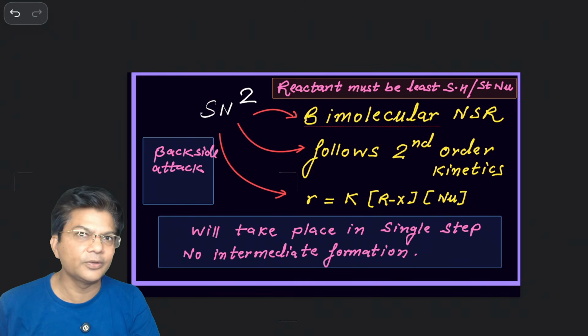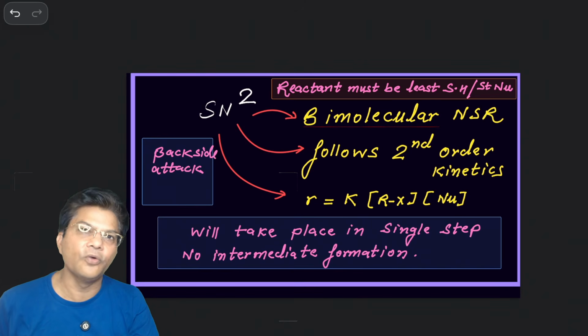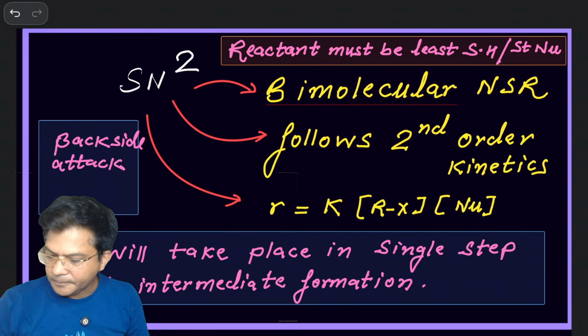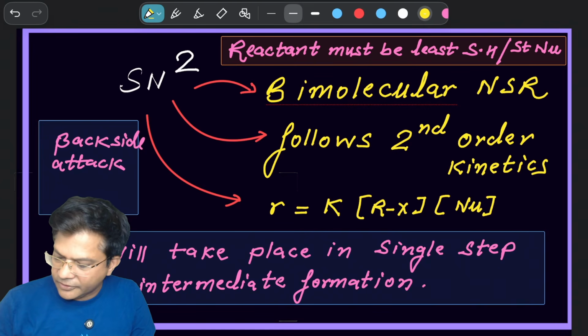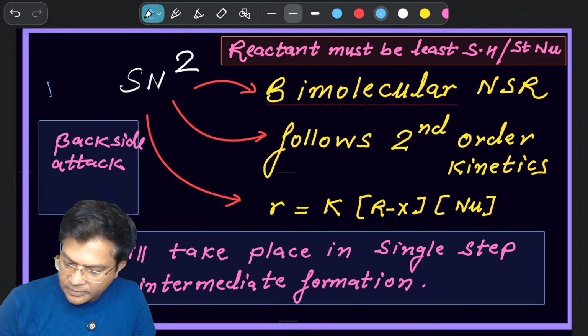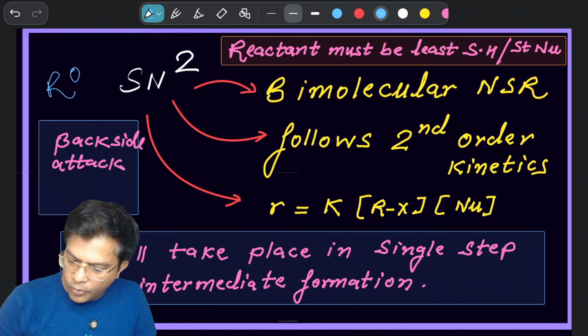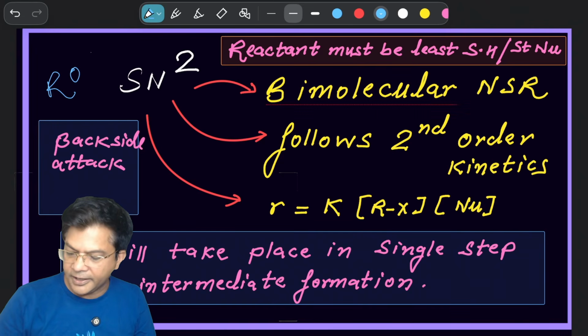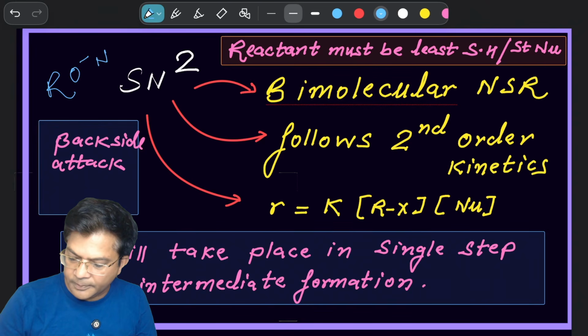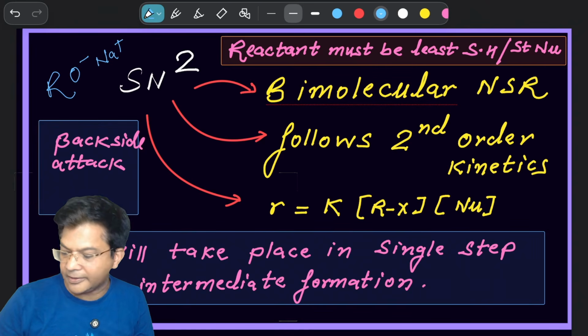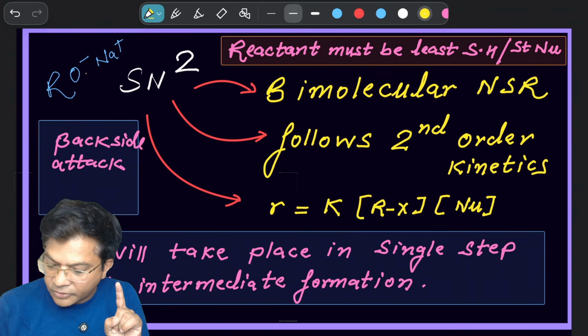Now how do we find out whether it is strong or poor or weak? Remember that if it is like this, RO negative, along with Na plus or K plus, that means the bond must be ionic.